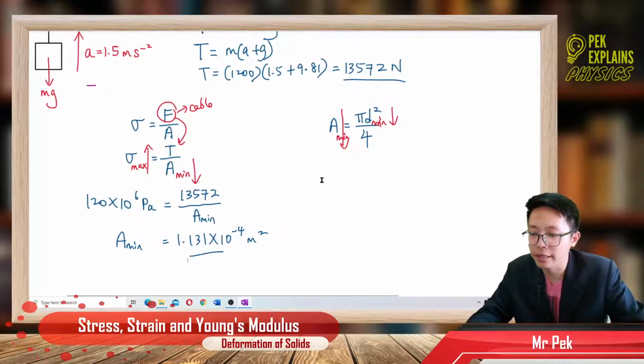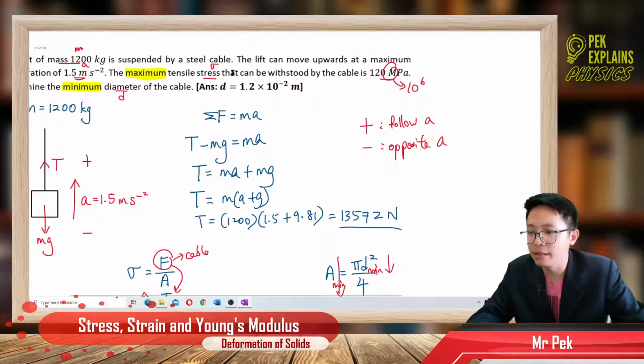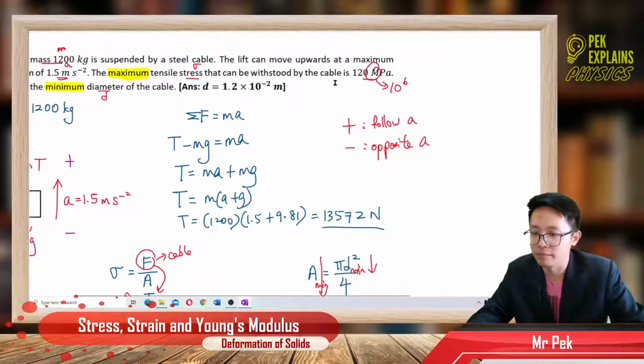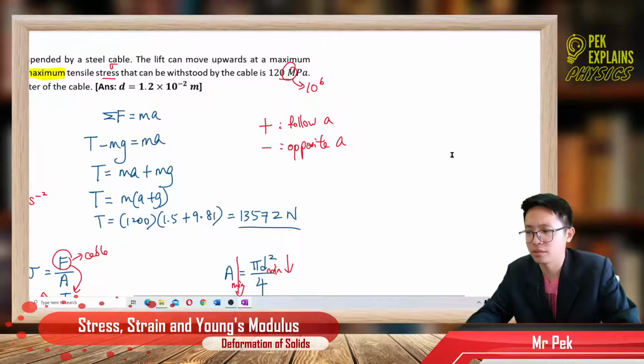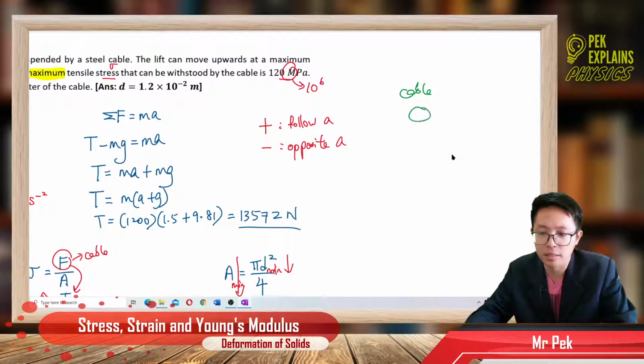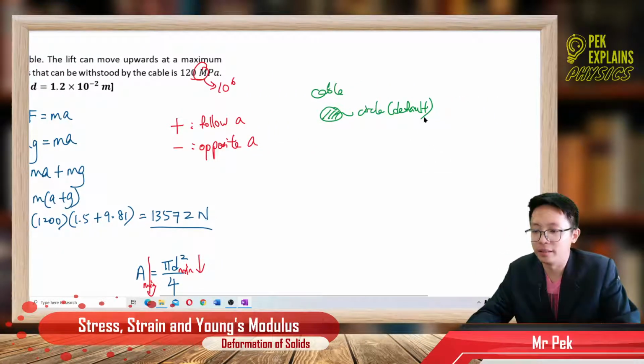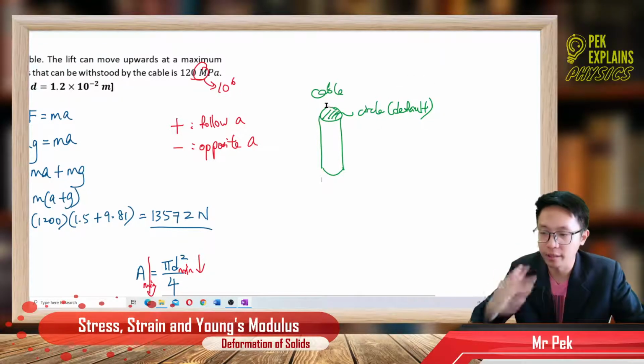So for minimum area, I can find minimum diameter. By default, he didn't say what shape of the area. Normally cable is a circle area. If he didn't mention what shape it is, the cross-section area should be by default a circle. The typical area is a circle for cable.